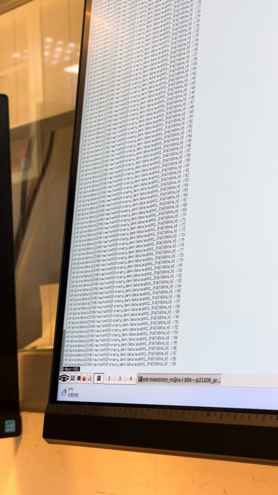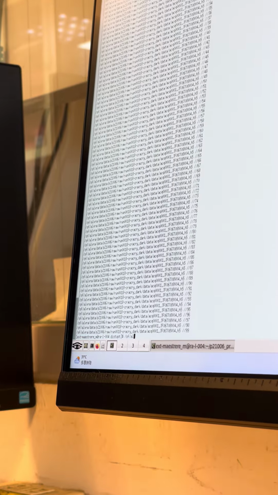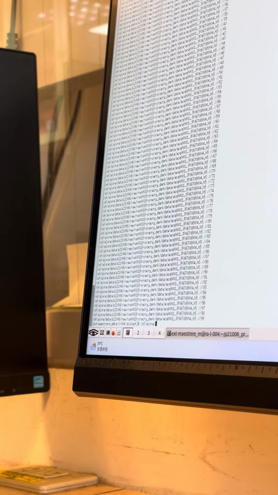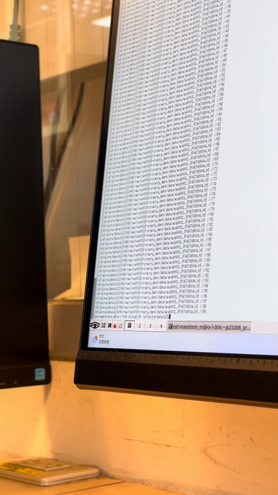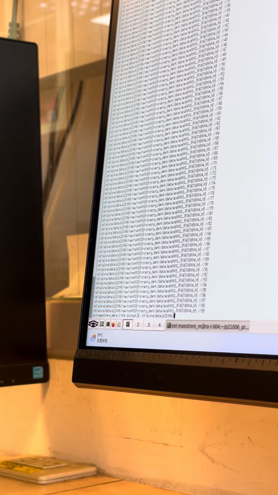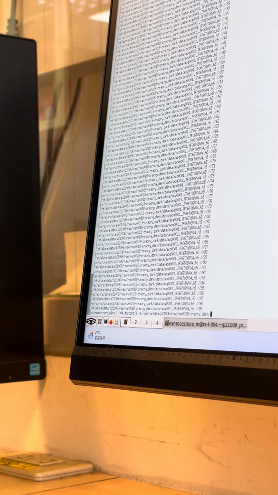When you work with the other ones, let's check it. Alvra data P21006 raw run 0018 crackery dark, and we go for data.